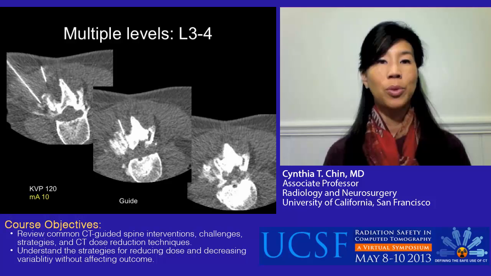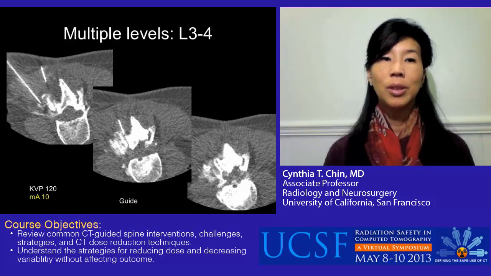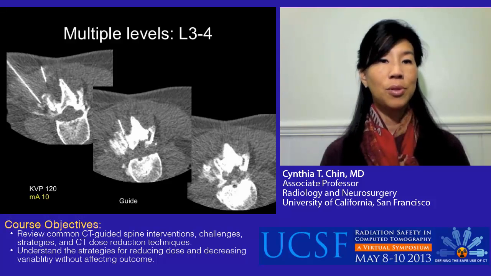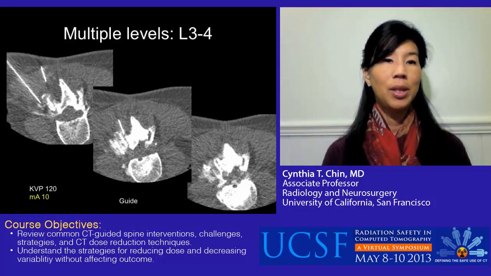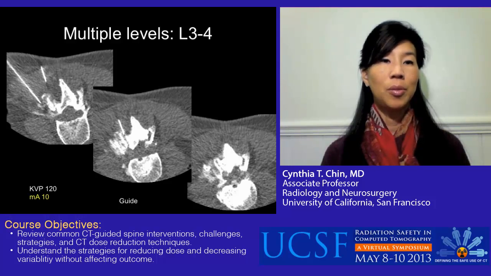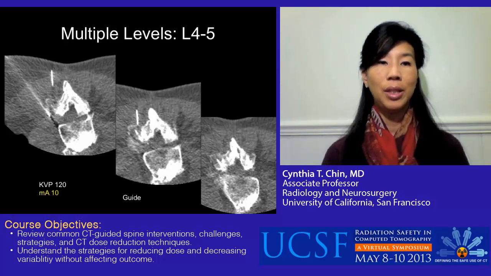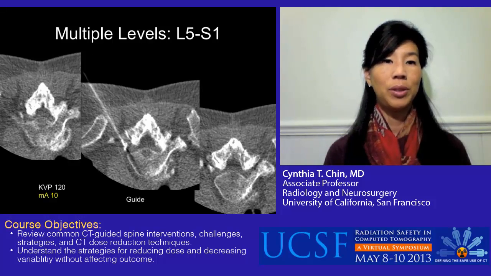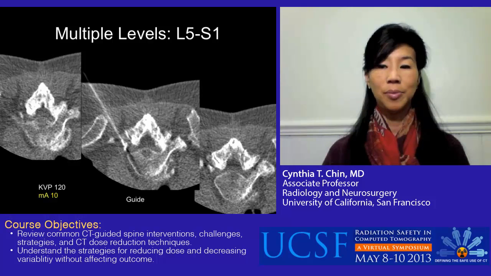3 slices per level, less than a centimeter of tissue exposed for each of the sites. And so these were performed at an MA of 10. So you can see the 2 needles approaching the facet and the nerve for L3-4, 2 needles approaching the facet and the nerve at the L4-5 level at an MA of 10 during the guide phase, and 2 needles approaching the L5-S1 level at an MA of 10.